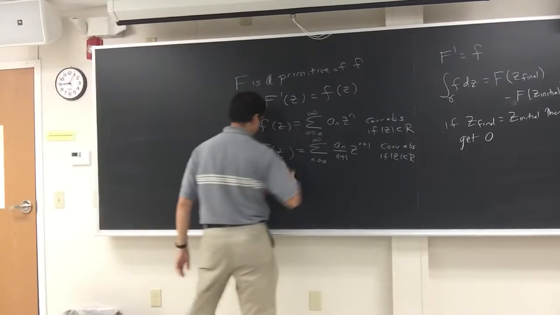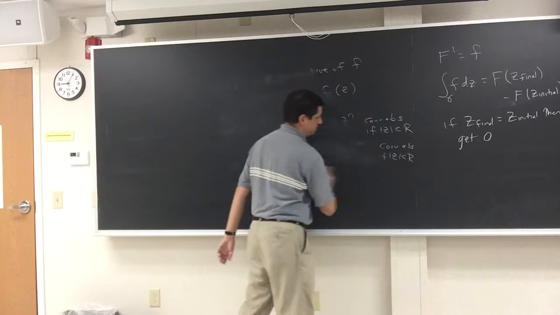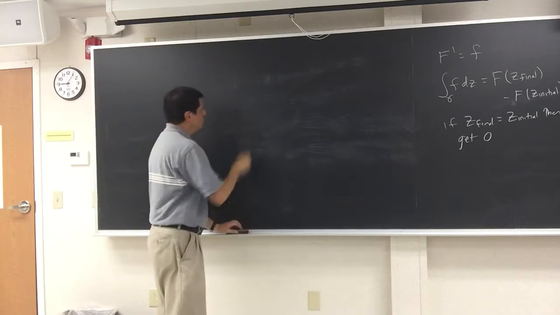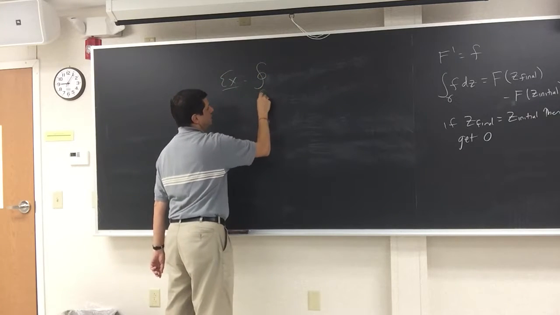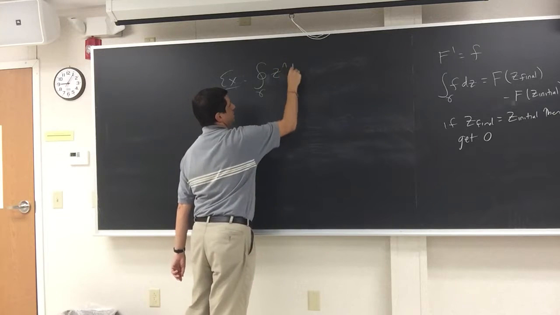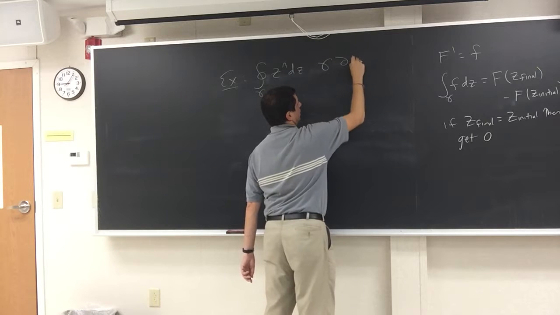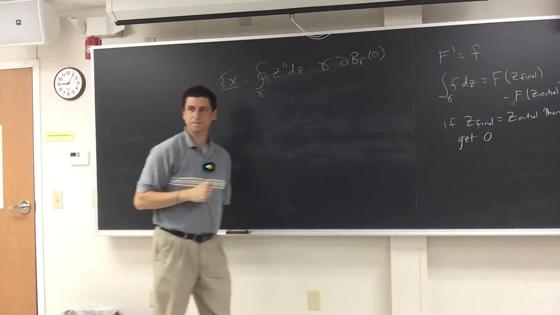And so I'm going to do the most important integral in the class, and I'm going to do it directly. So as an example, let's consider the integral over gamma of z to the n dz. Gamma is the boundary of a disk of radius r about the origin.